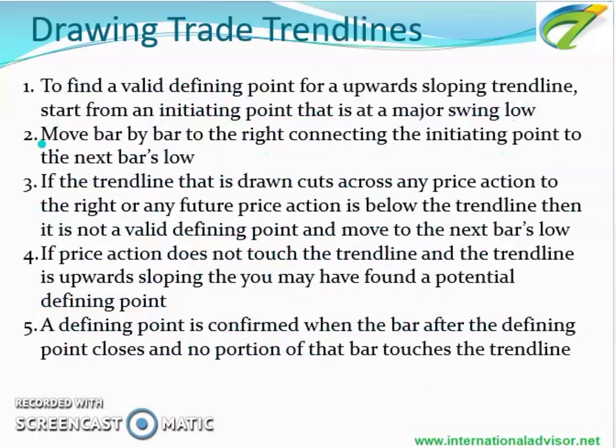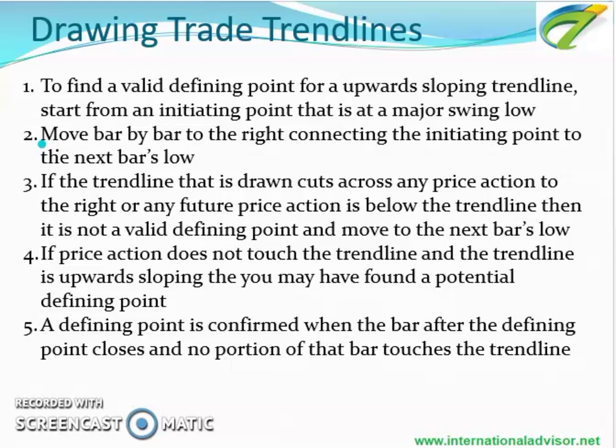To find a valid defining point for an upward sloping trend line, start from an initiating point that is at a major swing low, move bar by bar to the right, connecting the initiating point to the next bar's slope. If the trend line that is drawn cuts across any price action to the right, or any future price action is below the trend line, then it's not a valid defining point and you move to the next bar slope.